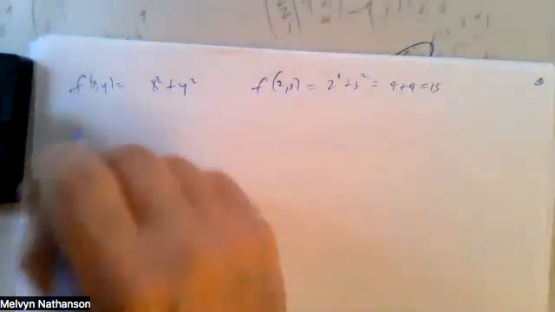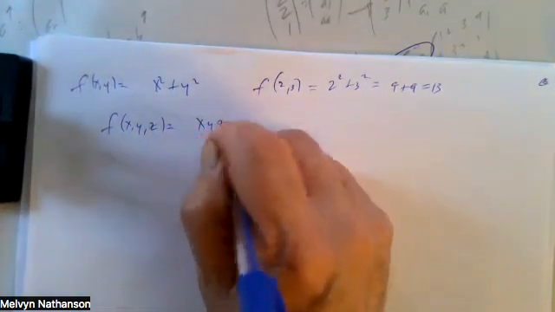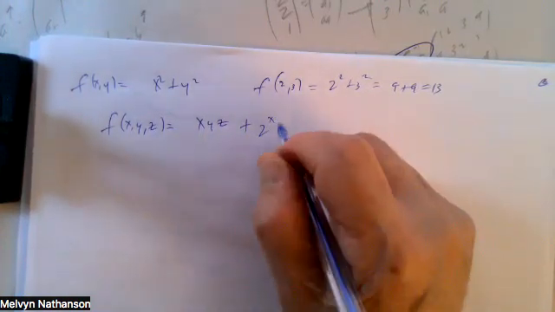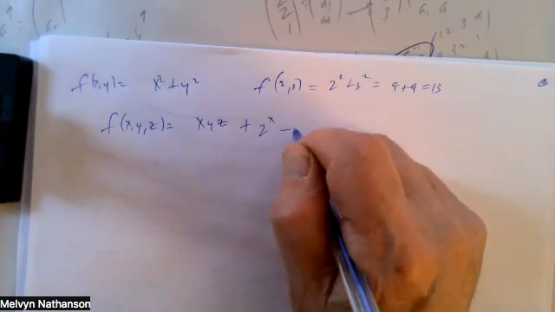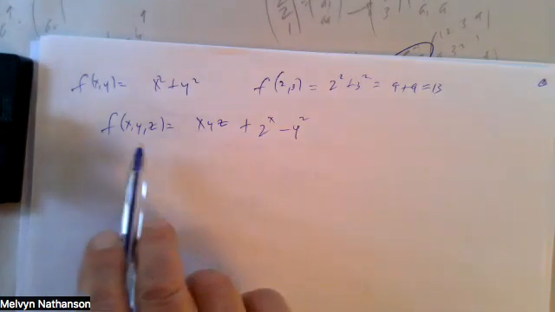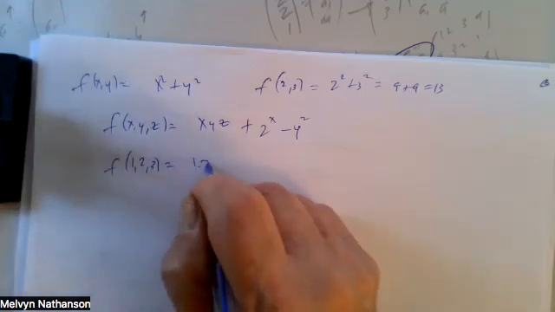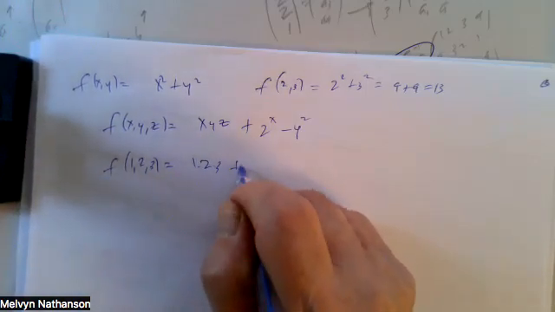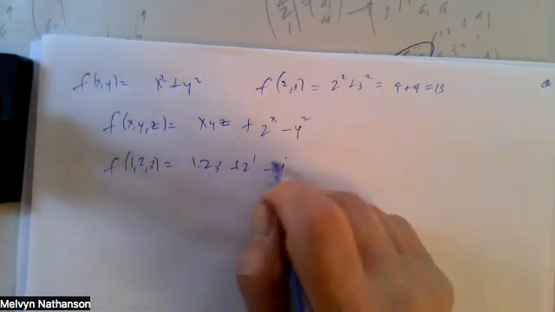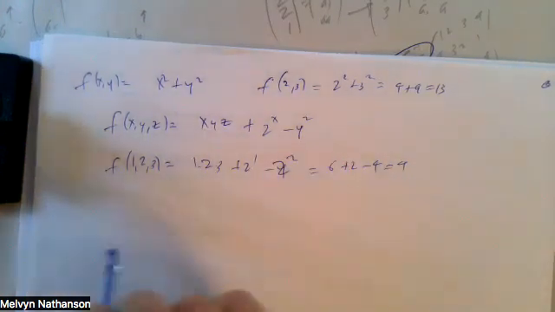Or f of x, y, z equals x, y, z plus 2 to the x minus y, z minus y squared. That's a function of x, y, and z. Like f of 1, 2, 3 is 1 times 2 times 3 plus 2 to the first power minus y, that's 2 squared. That's 6 plus 2 minus 4 is 4.